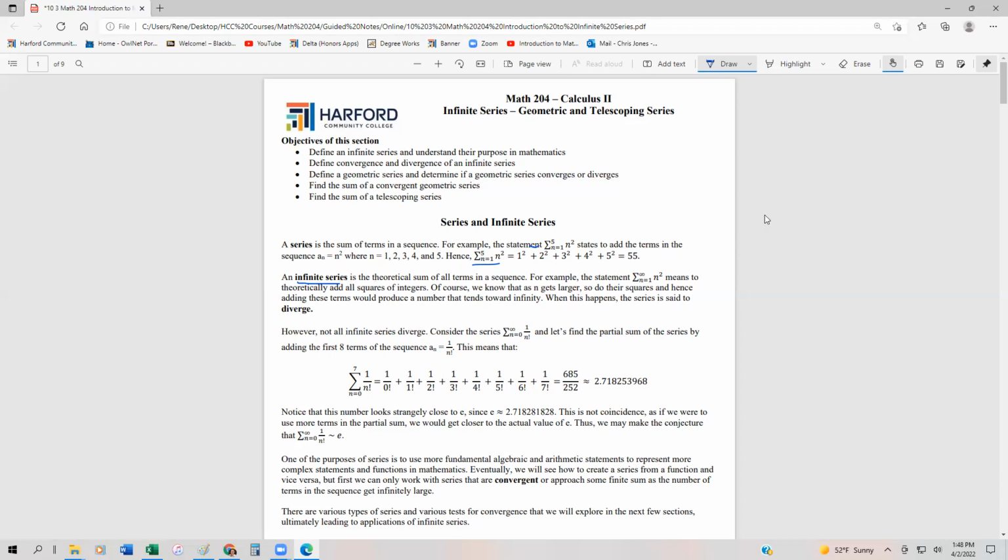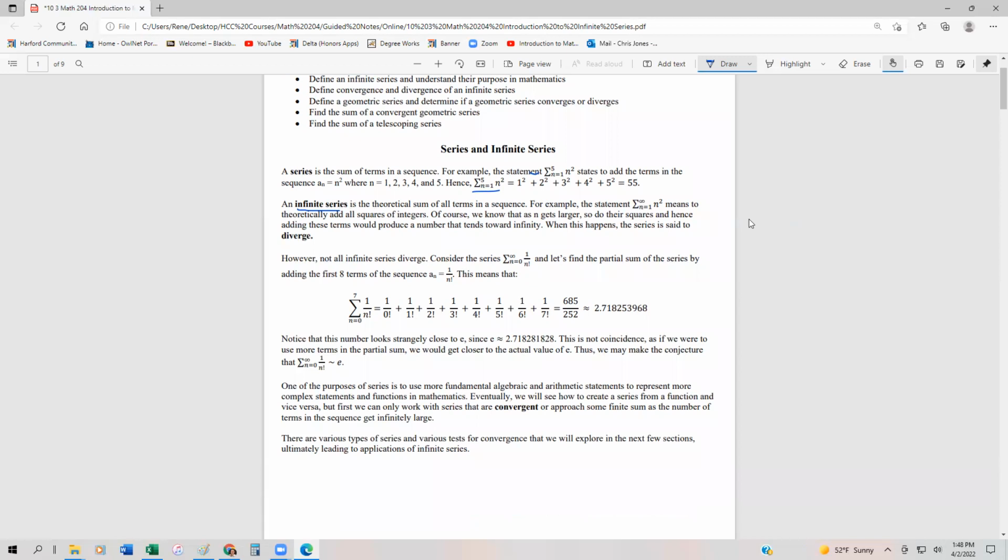Sometimes they add up to a specific value, and we call that convergent. If they tend to go towards infinity, that means that the series is divergent. So divergent means that we get to a number that tends toward either plus or minus infinity as we keep adding up the terms of the sequence.